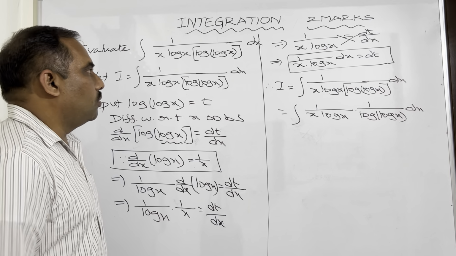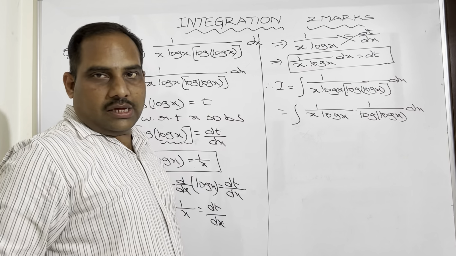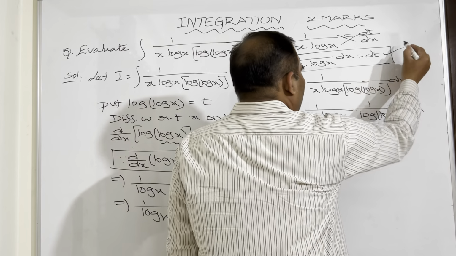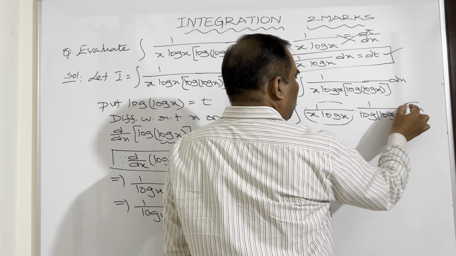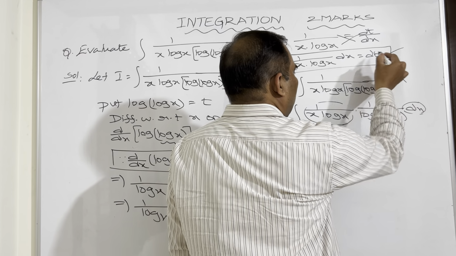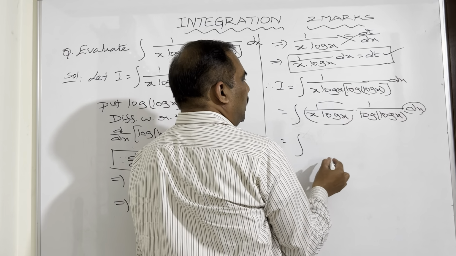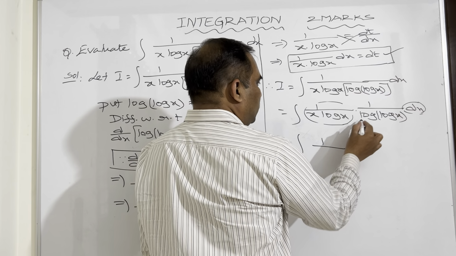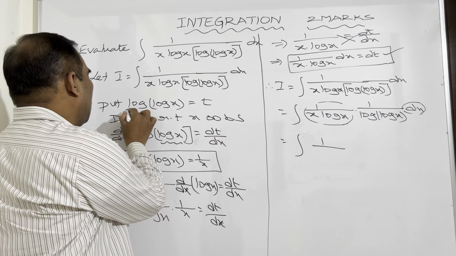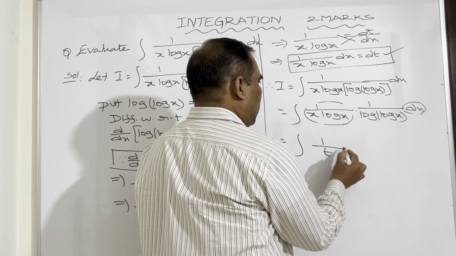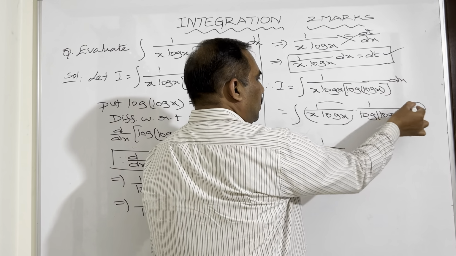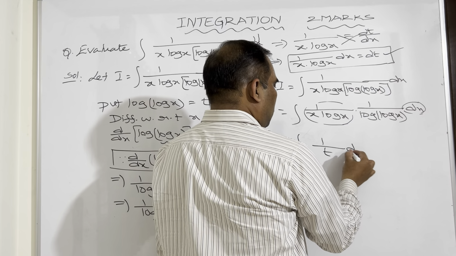Observe here, 1 by x into log x dx is replaced by dt, and log of log x we have taken as t, so this is 1 by t.